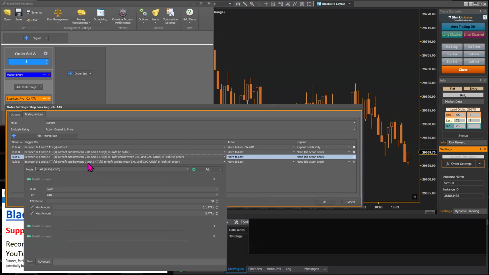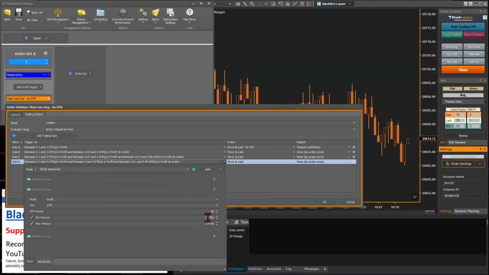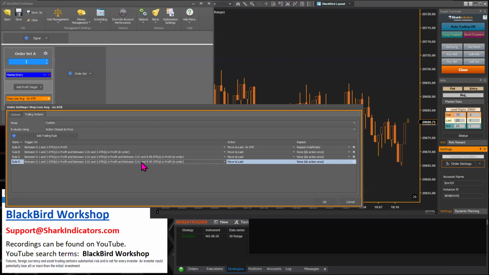All right, one last one here. There we go, like so. All right, so rule C is complete, right? It has 0.1 to 2, 2 to 3, 3 to 10, essentially.